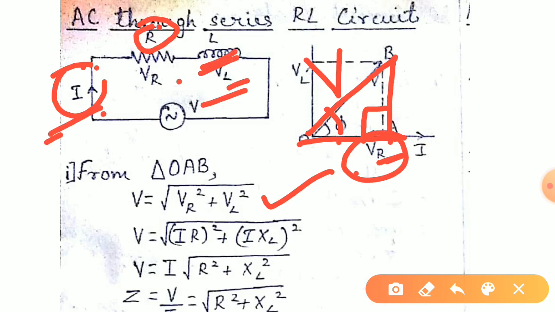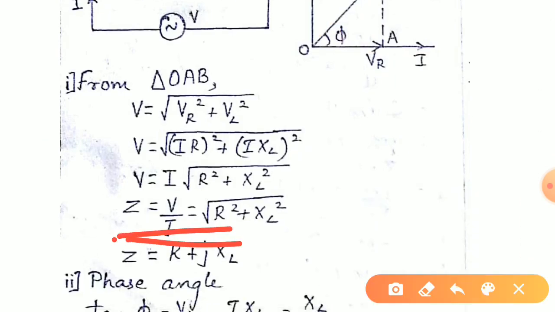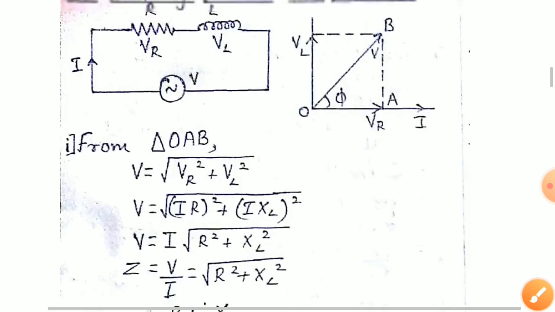Now if we substitute IR and IXL in the formula, and if we take I common, then we get the Z value as V by I, which is equal to root over R square plus XL square. So Z is R plus jXL.